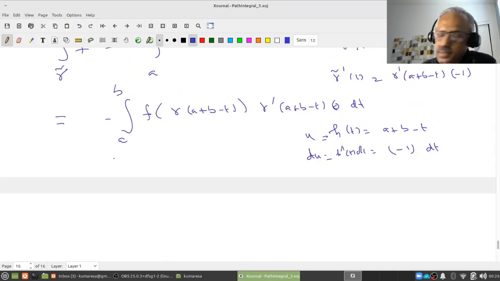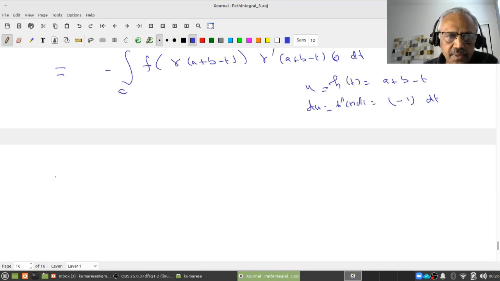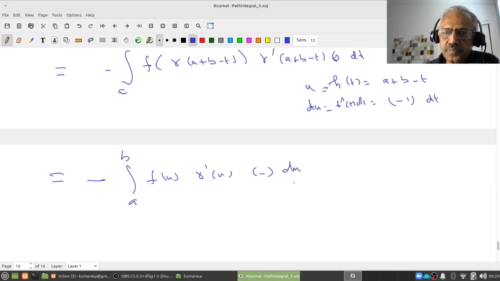Therefore this is equal to, there is already a minus sign, a to b f of u into gamma prime u into, this dt is going to be minus du, by change of variable or substitution.